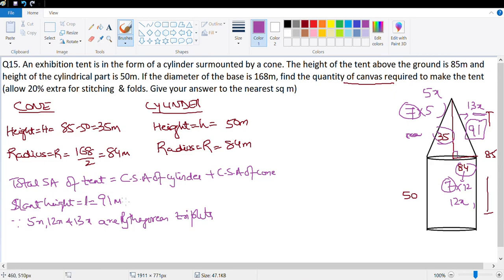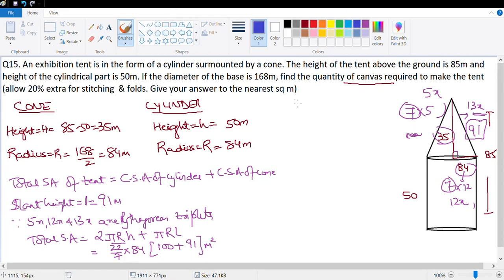So total surface area would be equal to curved surface area of cylinder, which is 2 pi r small h, plus pi capital R L. Anything common, pi r I can take common, so that's 22 upon 7 into r, which is 84, multiplied with 2h. 2h is 2 into 50, that's 100, plus L, which is 91, that's meter square.